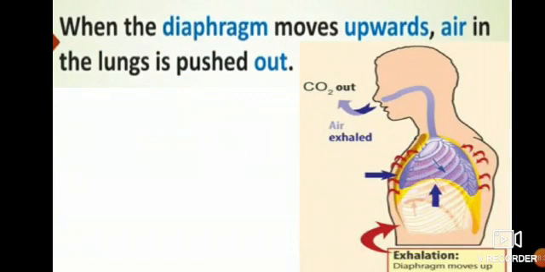Now when the diaphragm moves upwards, air in the lungs is pushed out. So when we give out carbon dioxide, what happens? The diaphragm moves up and the lungs come in the same position.